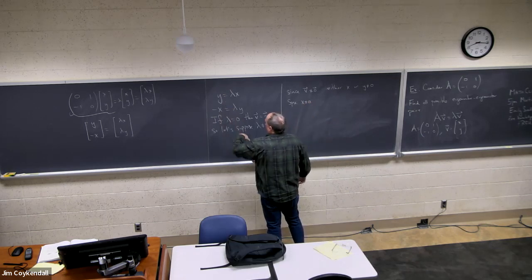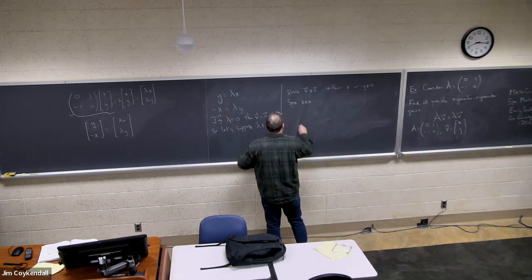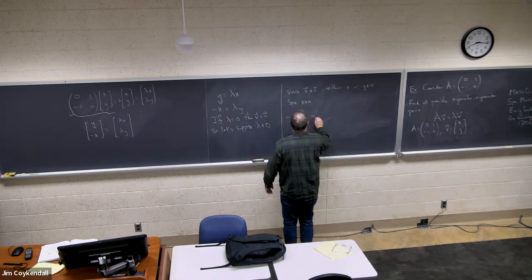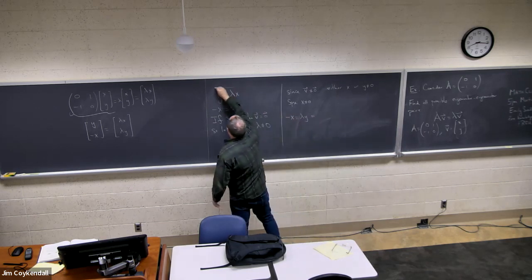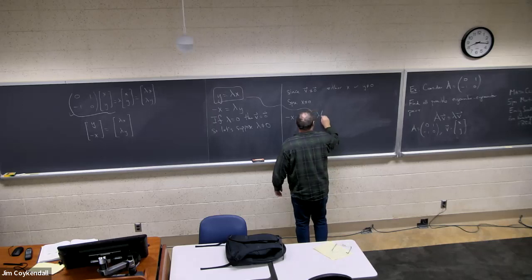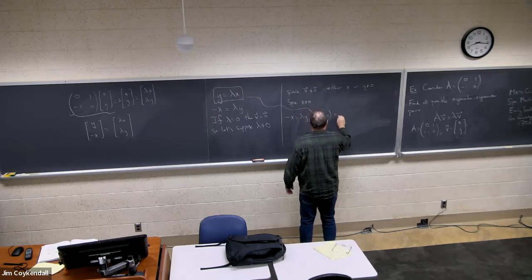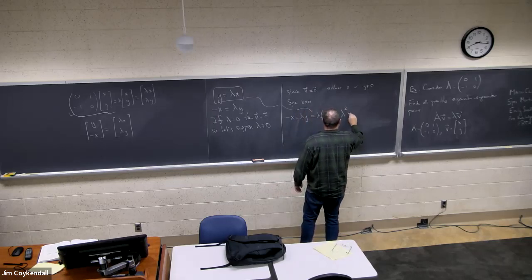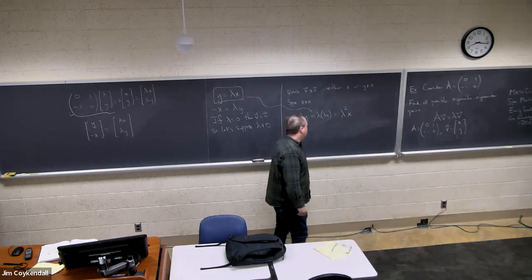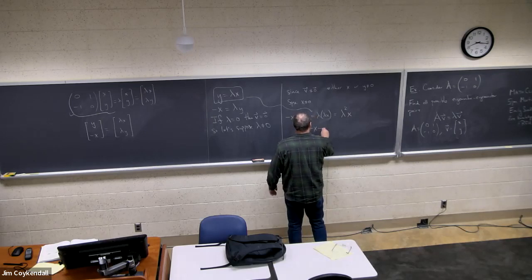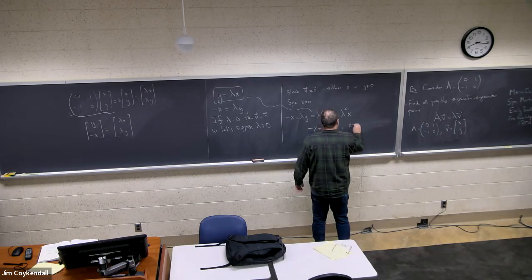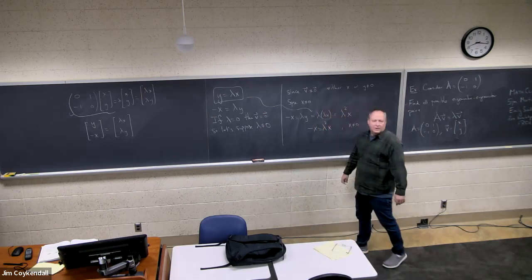And let's do this right here. I'm going to take this equation and I am going to plug in y equals lambda x here. Now, x is not 0, so what can I do?